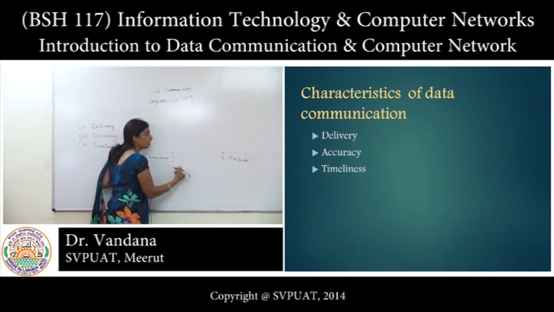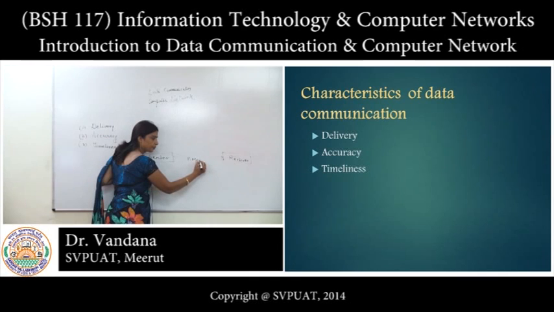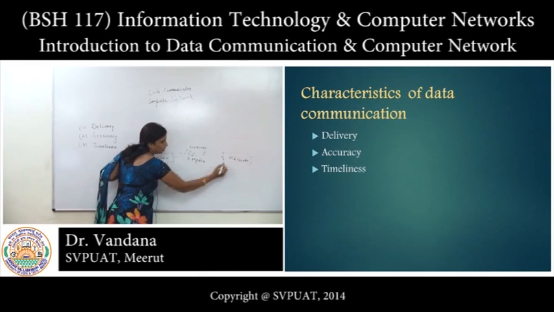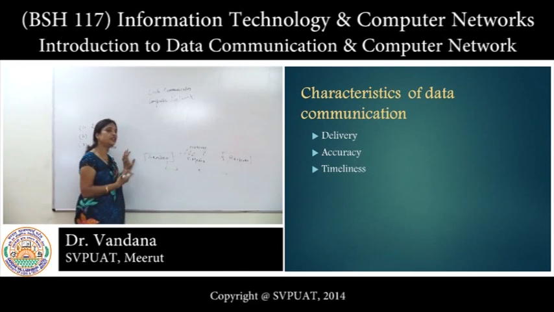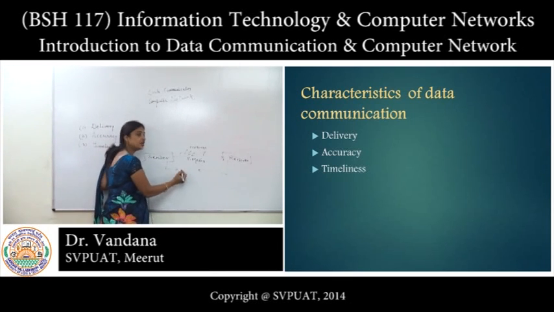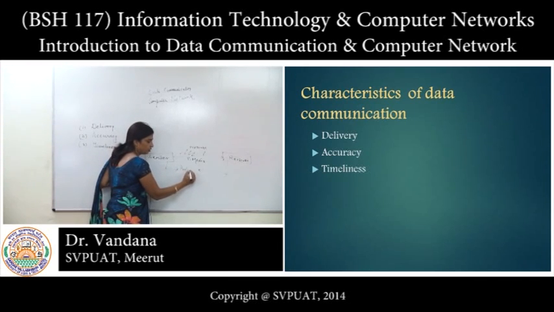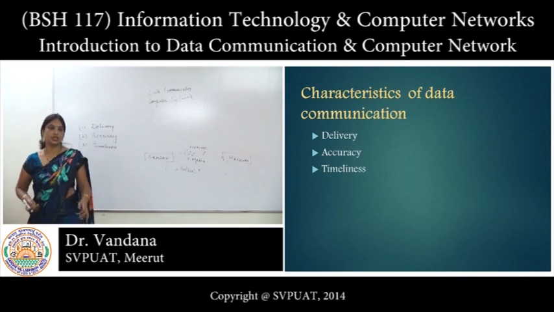That means they must be connected to each other via some transmission media. There must be some information or some message that is supposed to be sent. And the last basic component of any data communication or any data network is that there must be certain principles, rules, protocols on which the connection is to be established and the communication is to take place.